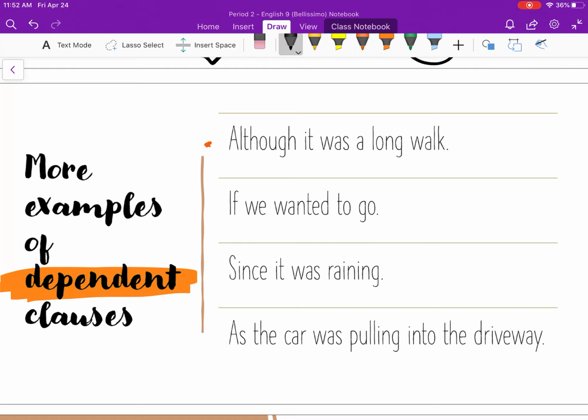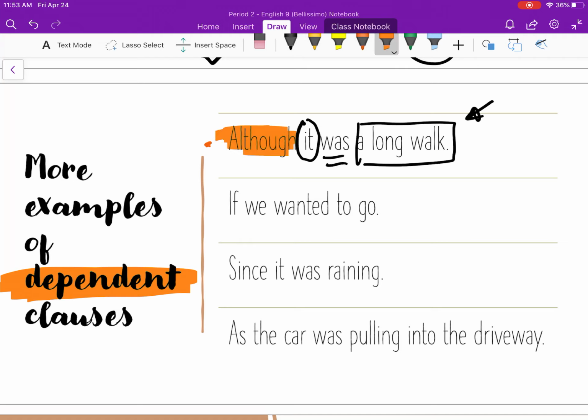Again, we have our subject, we have our verb, and we have the rest of it, which, I'm hoping we might get into coming up soon, but for right now, let's just call that the rest of it. And then we have this little eyesore of the although, right? It doesn't really fit into anything of what we think of a sentence.